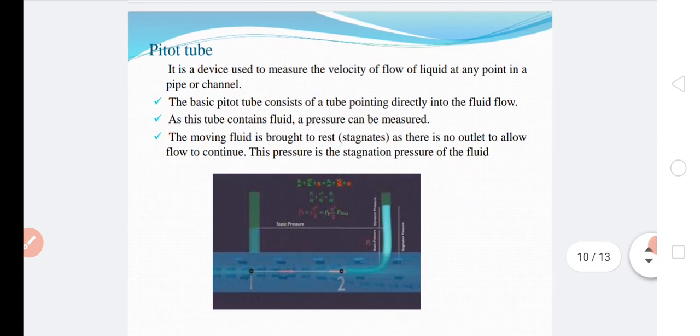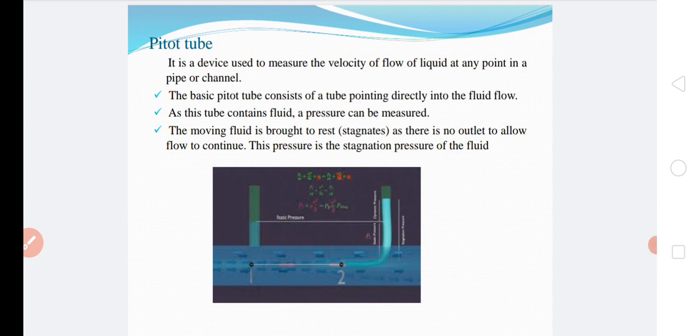Now we come to the next topic, that is the pitot tube. In this figure there is a mention of the pitot tube.